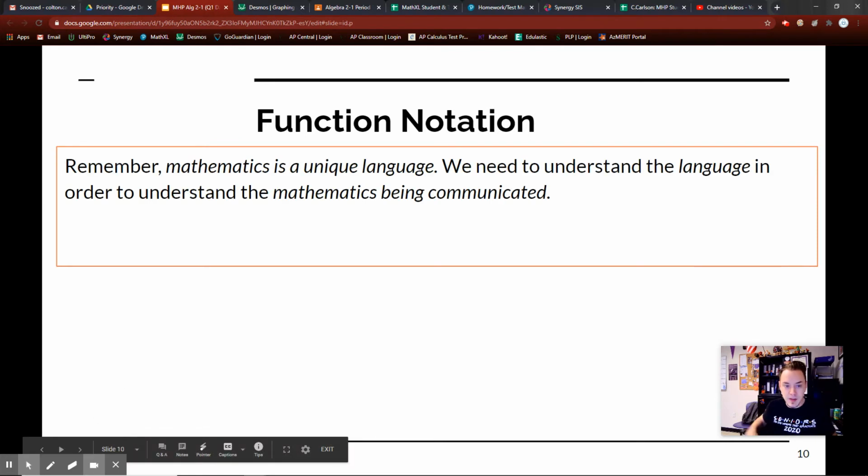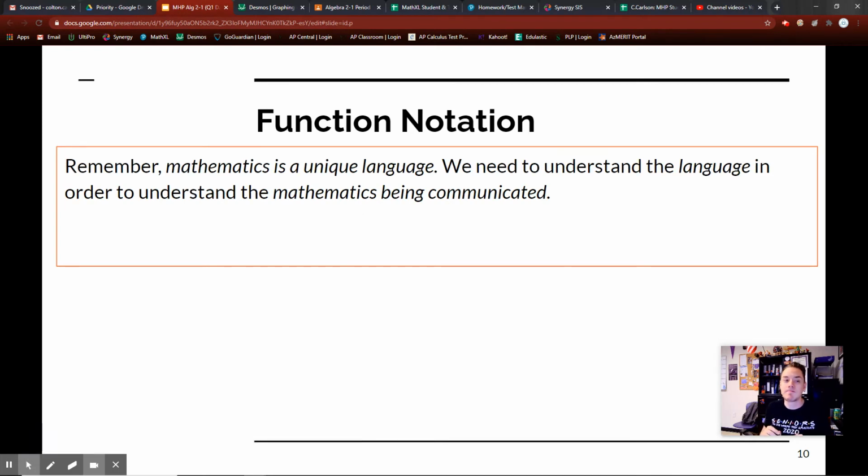Now, first things first, guys, remember mathematics is a unique language. It is literally a foreign language. To me, it's no different than Spanish. Yes, for real. Because it is a language. You just need to understand the language, okay? And we don't do a good job teaching the language. When you read symbols, they are literally just a language, just like the Aztecs.